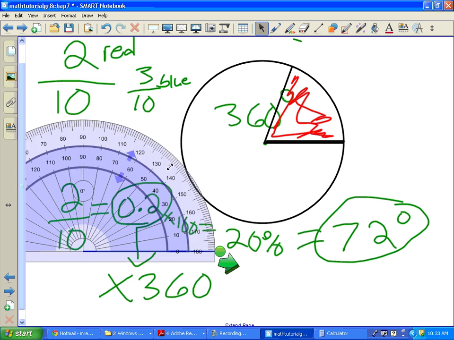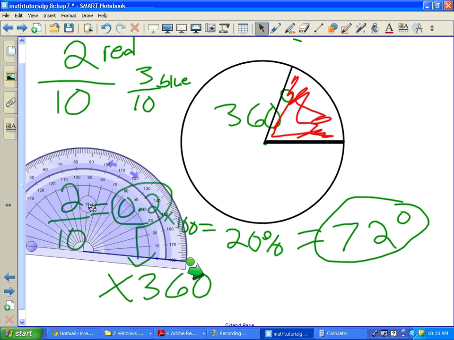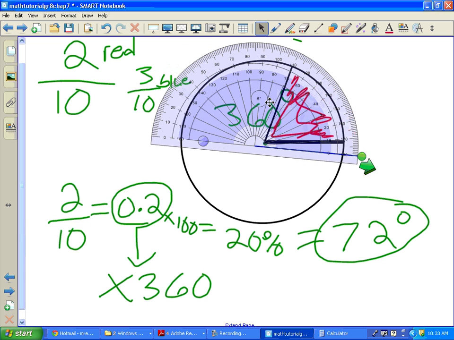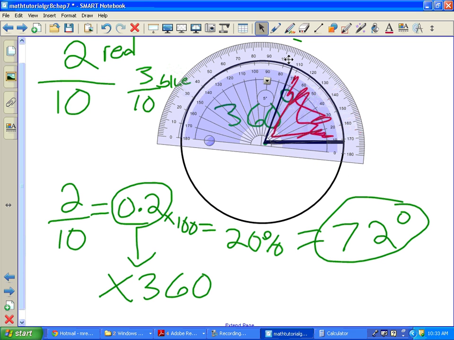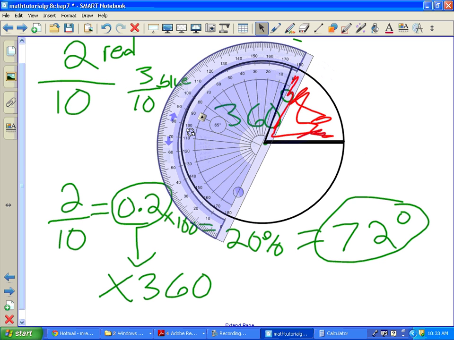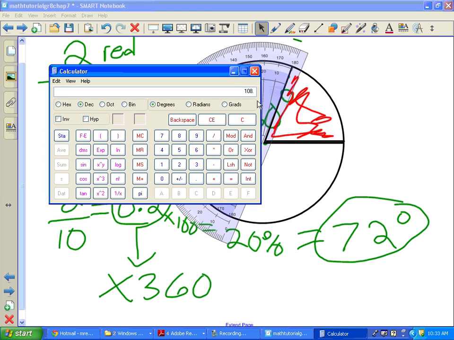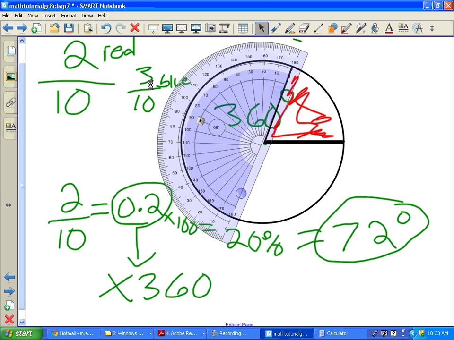So taking my protractor again, what I'm going to do is move it, and of course rotate it, if I can, to make sure it starts off right on the 0, right there. So I need 108 degrees for blue. So there's 0. You've got to start where your last angle ended.